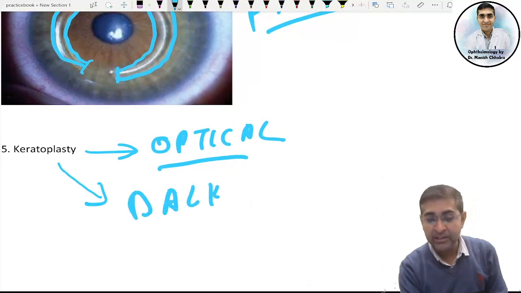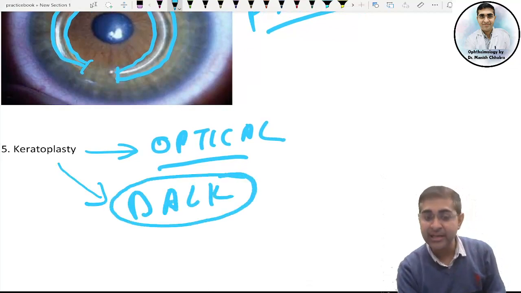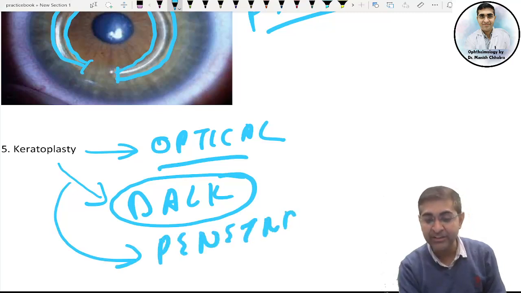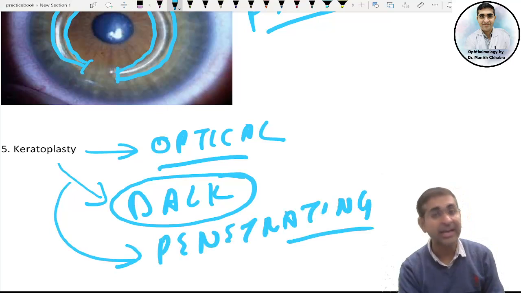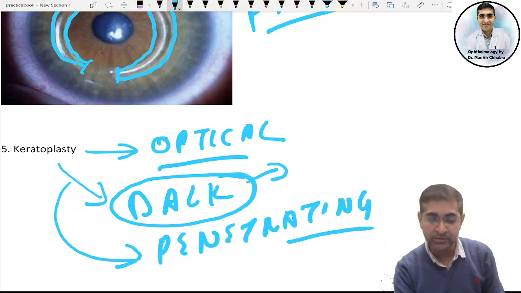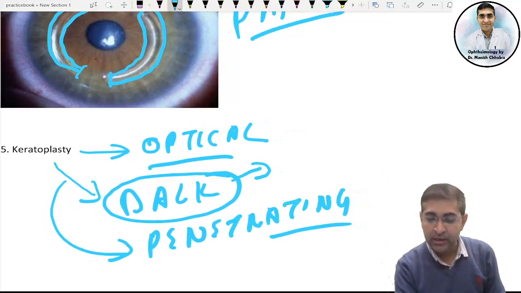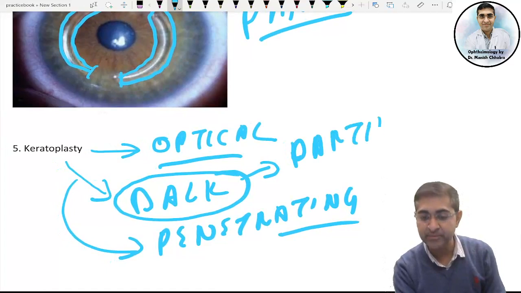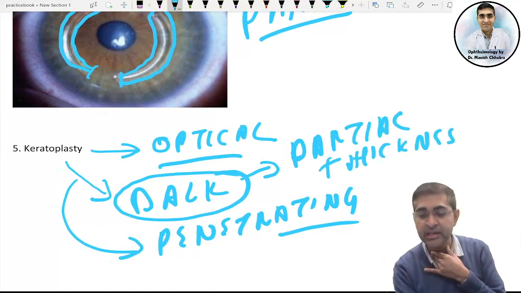DALK is deep anterior lamellar keratoplasty, or you can go for penetrating keratoplasty. Penetrating keratoplasty is full thickness keratoplasty, while DALK is not full thickness, it is partial thickness keratoplasty.